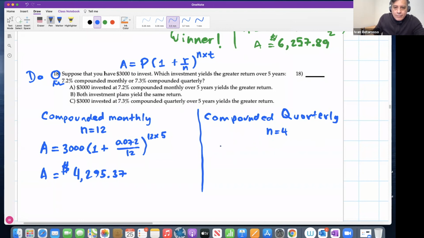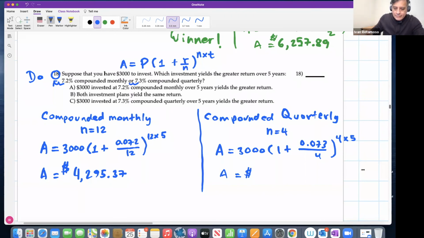Let's do now interest compounded quarterly. N equals 4, so accumulated value will be present value 3,000 times 1 plus the rate. The rate is now 7.3%, right? So I have to write this as a decimal, 0.073 over N, but N is 4 now, raised to N, 4 times the number of years. The number of years is 5. So let's compute this.